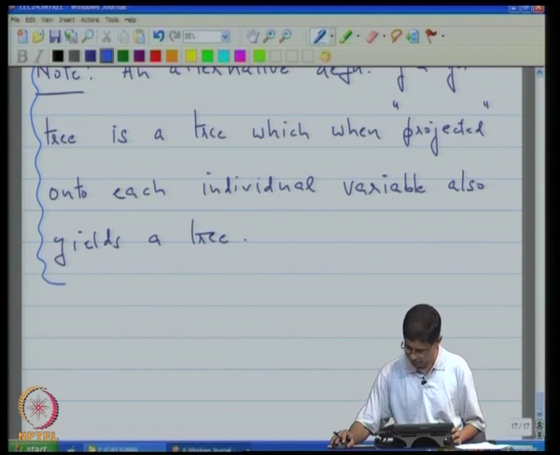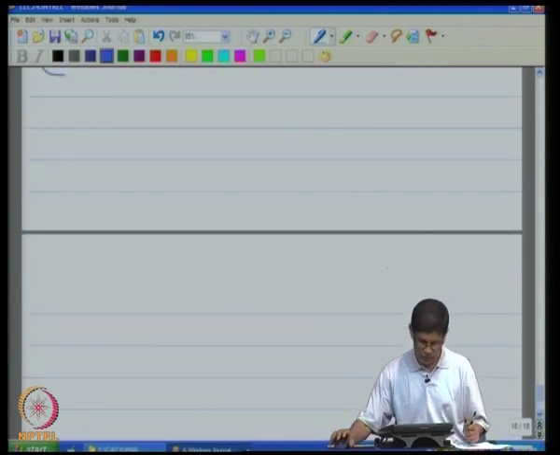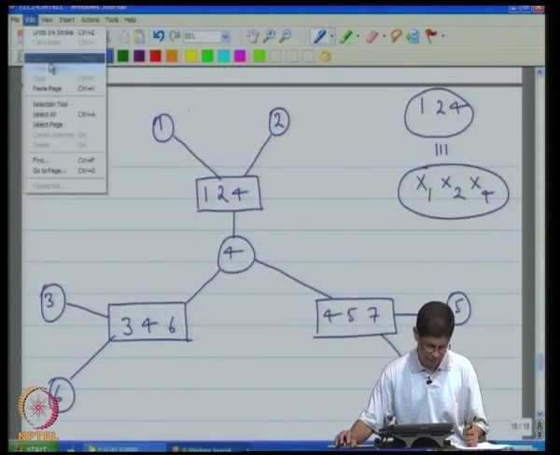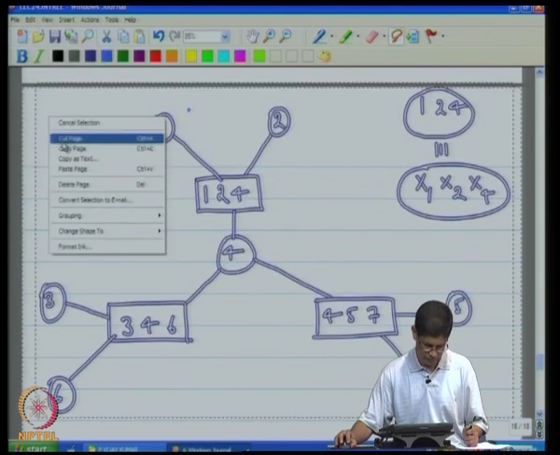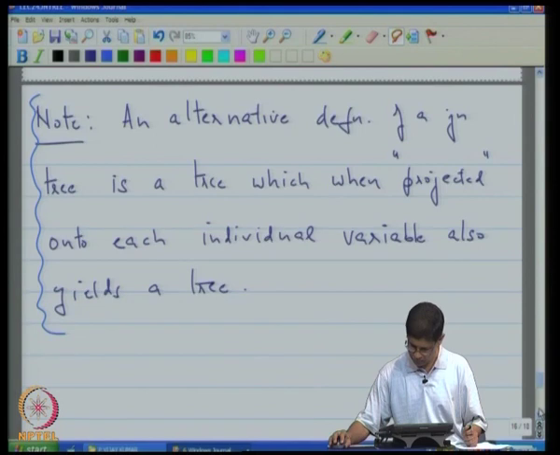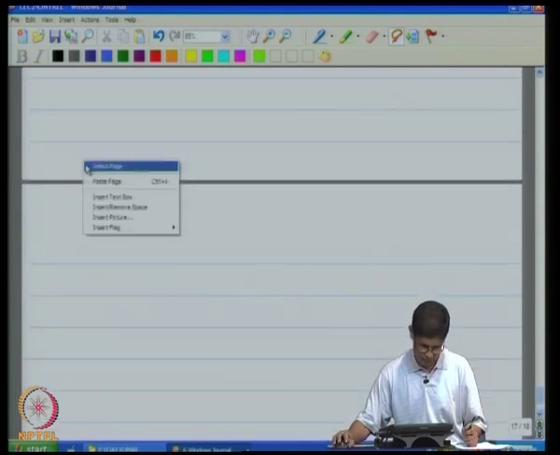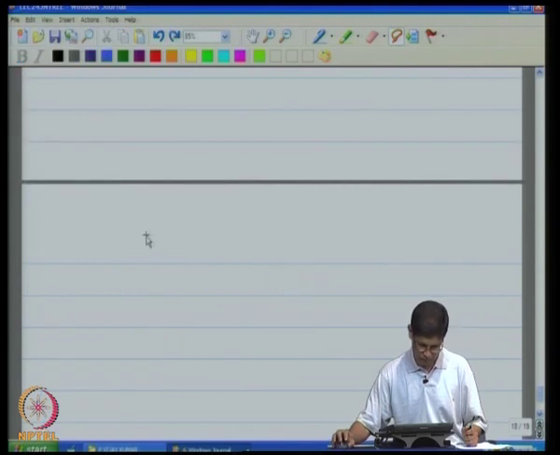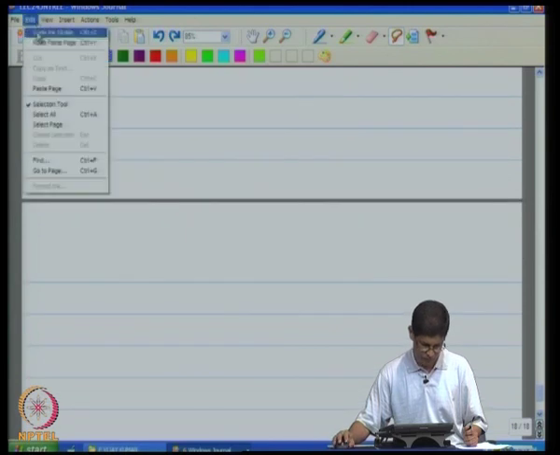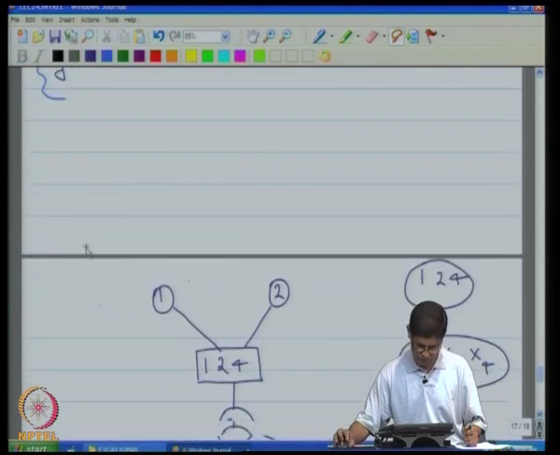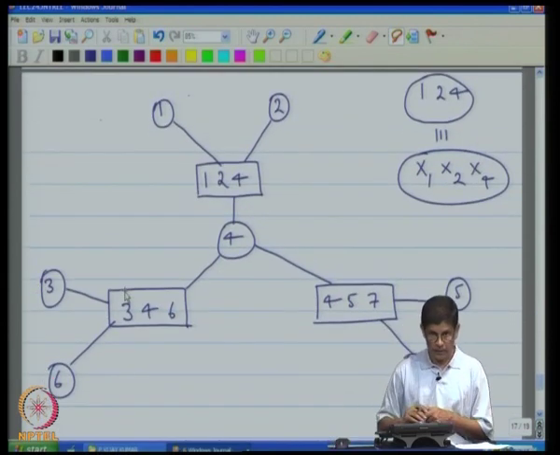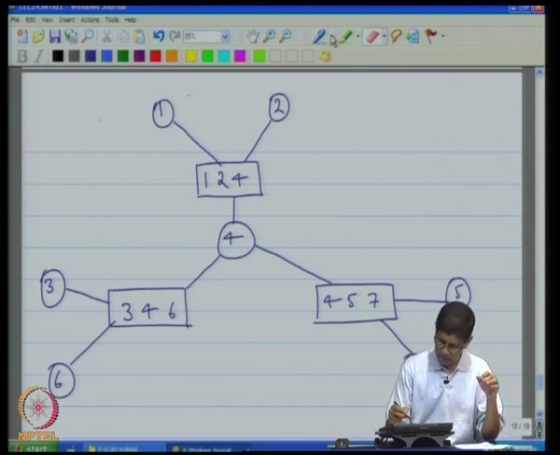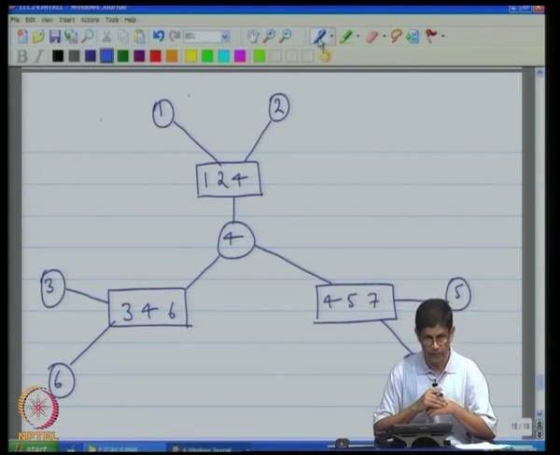So, example. Let us go back over here, take this graph and paste it. Okay. Now, what I mean by projection is you take this graph and suppose you wanted to project it onto the variable 1.